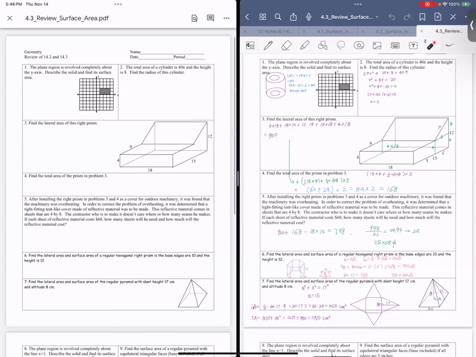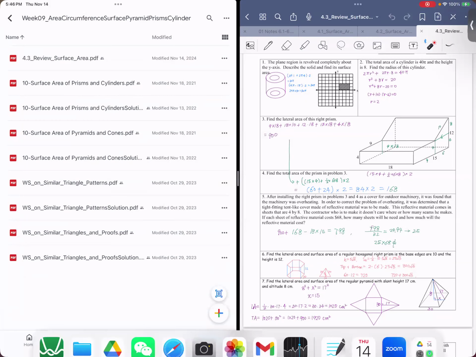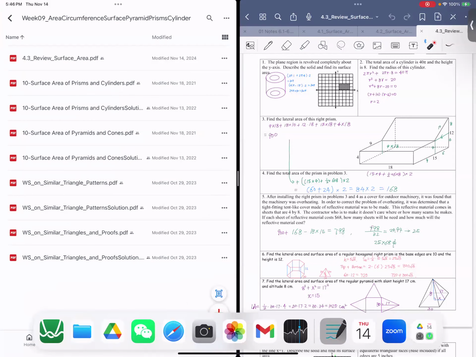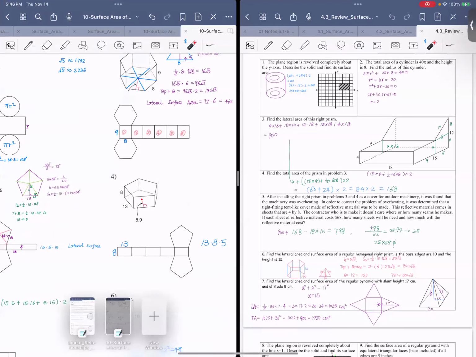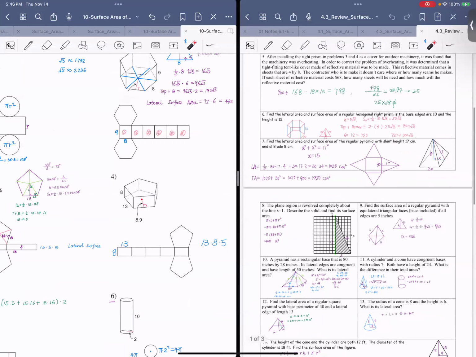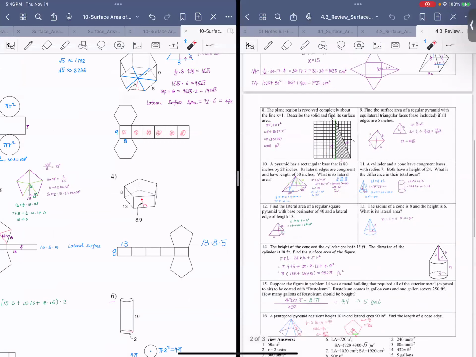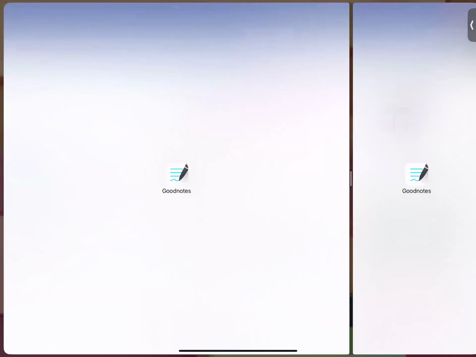I put it in this folder. You can look at it and you can print it out. We'll finish number 4. You can send me your work.